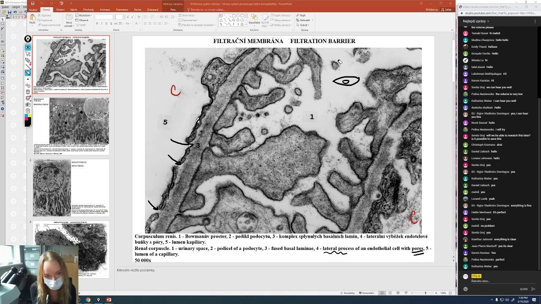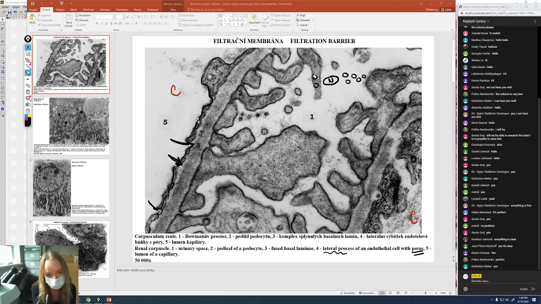It's actually one endothelial cell right here with the nucleus, and the pores, which I'm drawing right now, these blank spaces, are in the endothelial cell like this. This is the nucleus, okay? And these are the pores. So the pores are in the cell, okay?